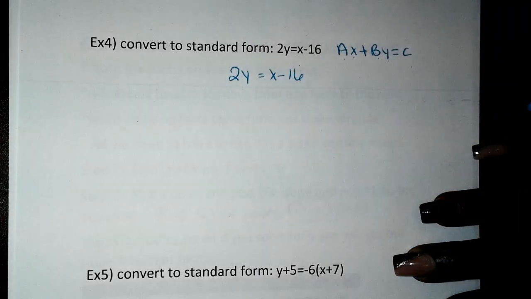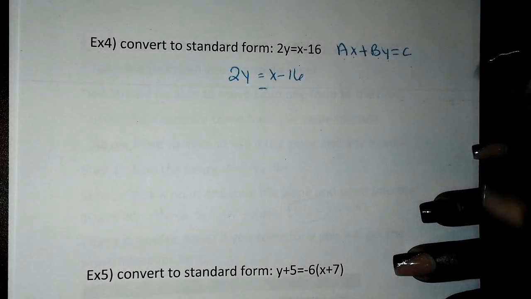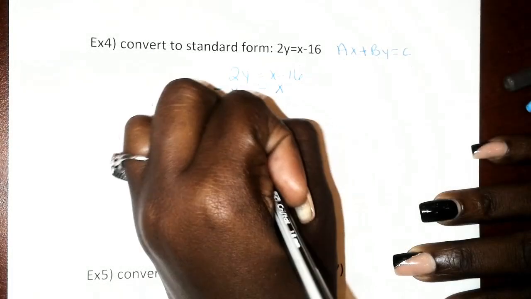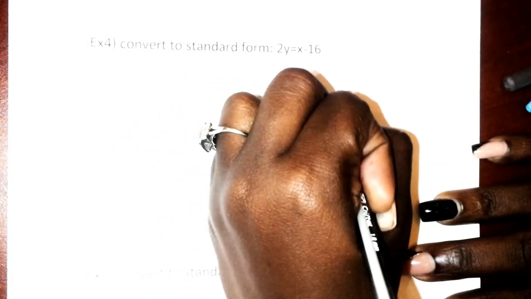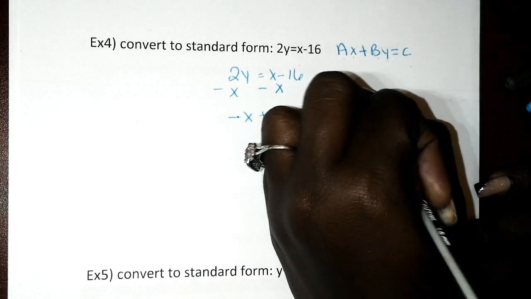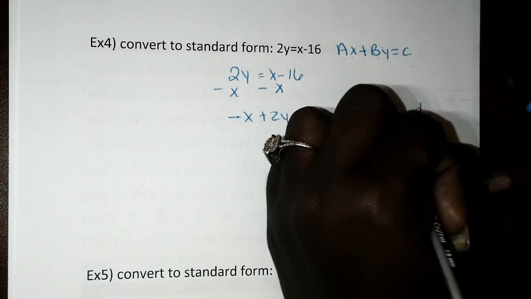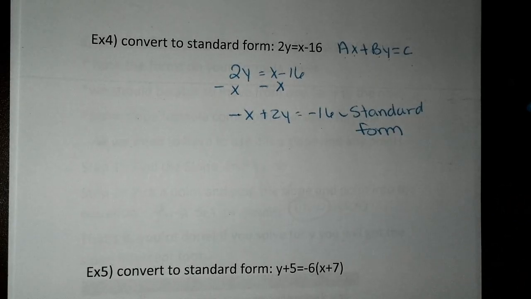In order to get my constant by itself, I subtract x from both sides. So now that leaves me with negative x plus 2y equals negative 16. So this is standard form. That's all they mean when they say convert to standard form. And that's very important you know how to do that.